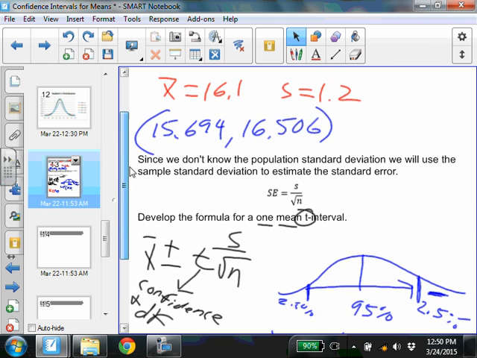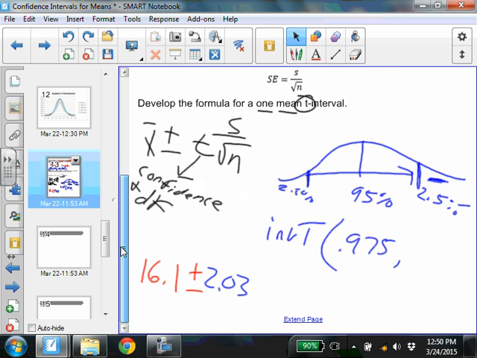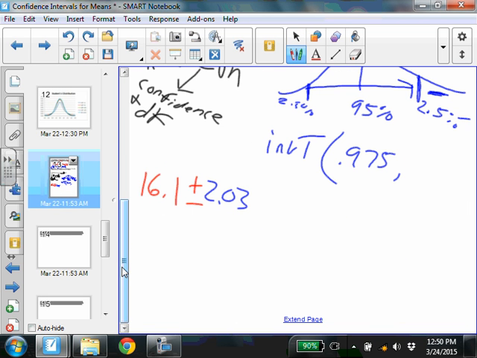Okay. And then we have S. S is 1.2. 1.2 divided by the square root of n. What was n? 36. Okay, so we get 16.1 plus or minus 0.406.